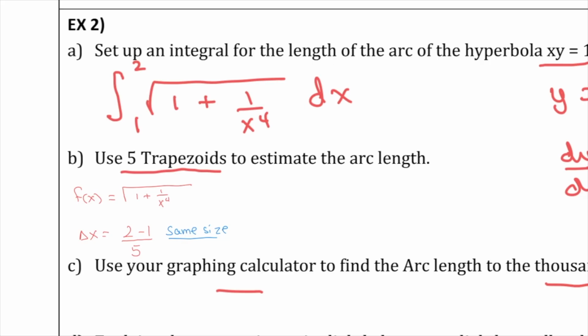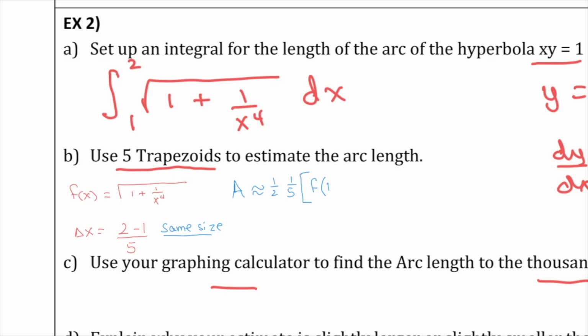The area of our integral is going to be approximately equal to 1/2 your delta x, which is 1 over 5, multiplied by, and you had a nice little formula, as you'll recall, and it starts with whatever your function is. In this case, f, it was defined, so we can use f of, at the first value is 1, plus, and then it's 2 times f at our next value incremented by delta x.